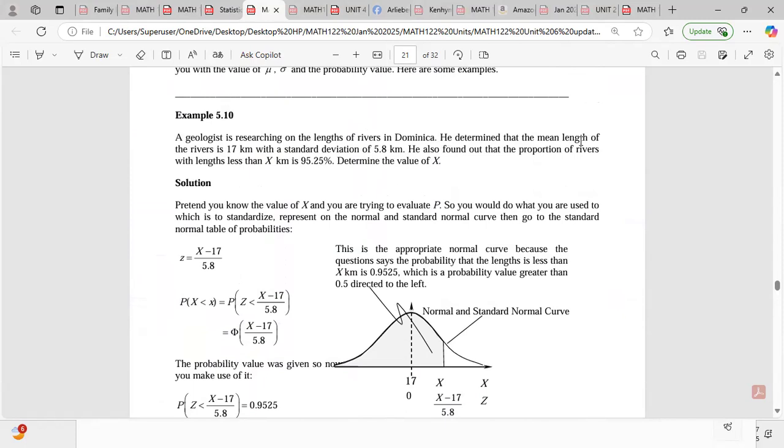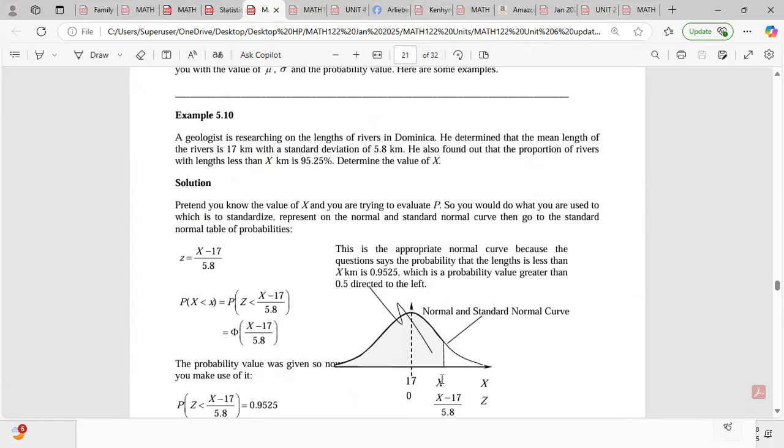He determined that the mean length is 17. The mean is given. The standard deviation is 5.8, so you don't have to square root. And he also found out that the proportion of rivers less than, meaning you have to shade towards the left, what value? 95.25%, that's more than 0.5, 0.95. So you have to shade towards the left, a value of 0.95.